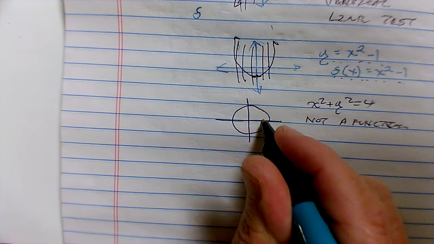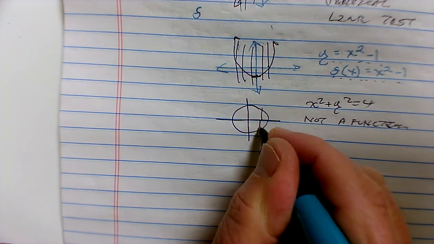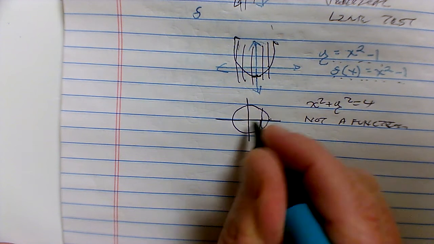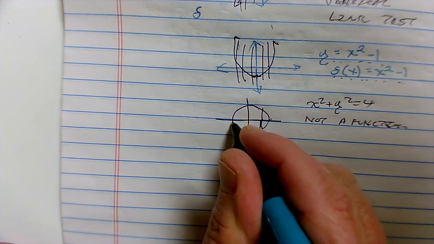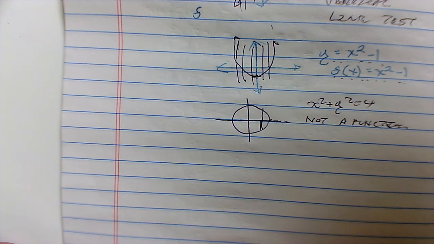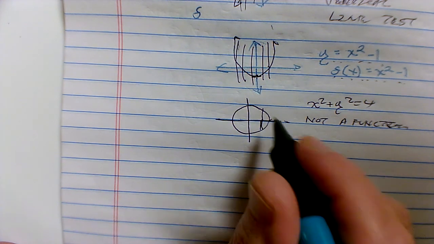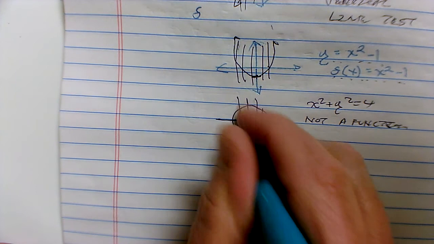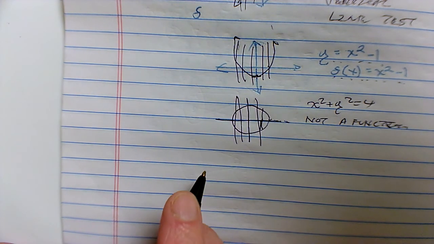It's not a function because each x value maps to 2, or most of them map to 2. This one doesn't map to anything. This one only maps to 1. This one only maps to 1. And values out here don't map to any y values. But it's not a function, and we can see it doesn't pass the vertical line test.